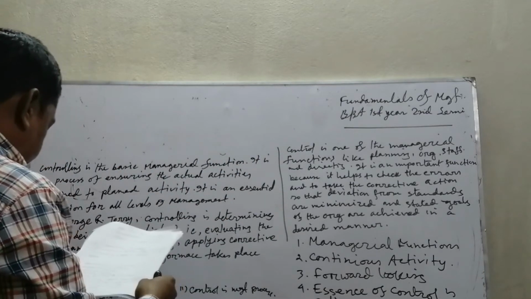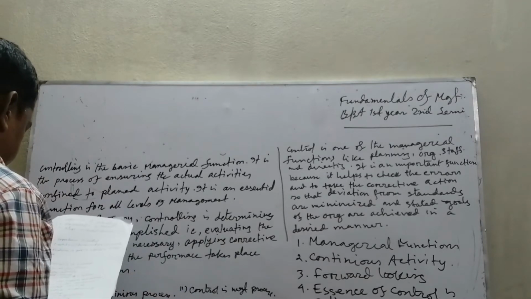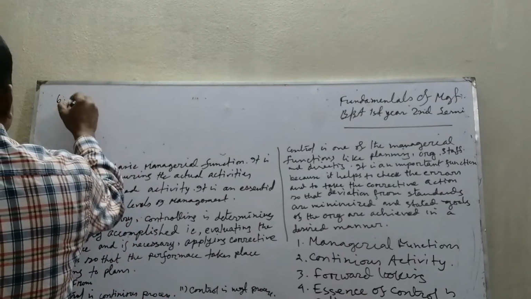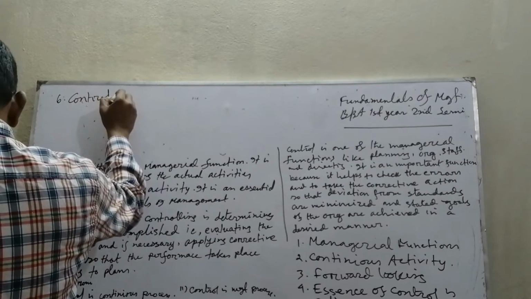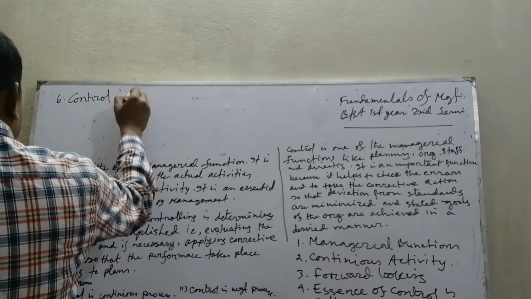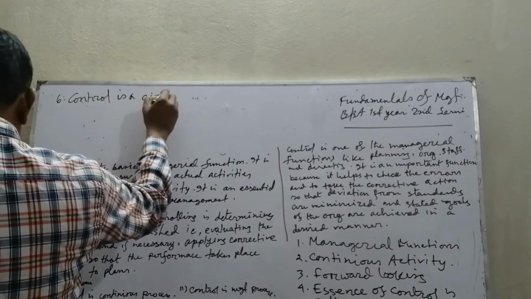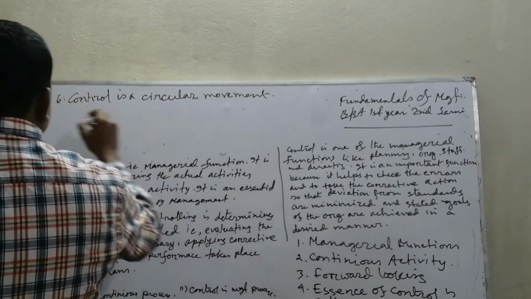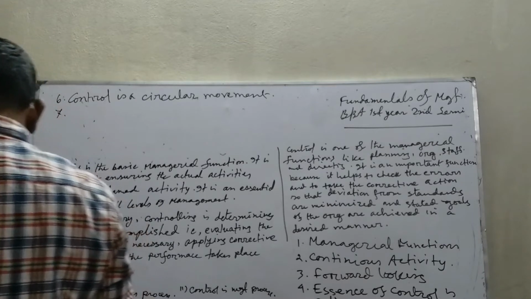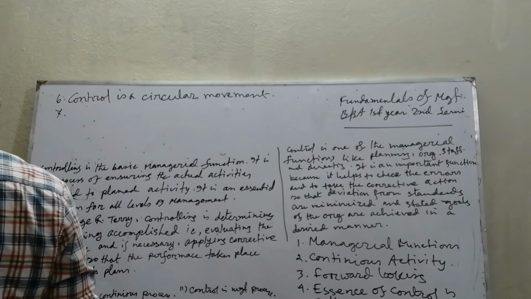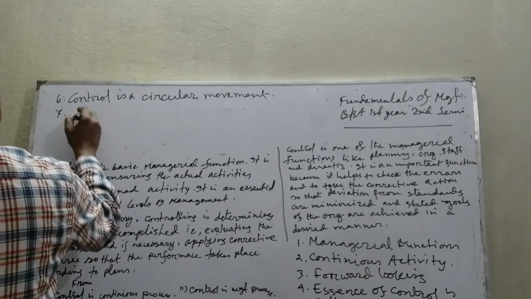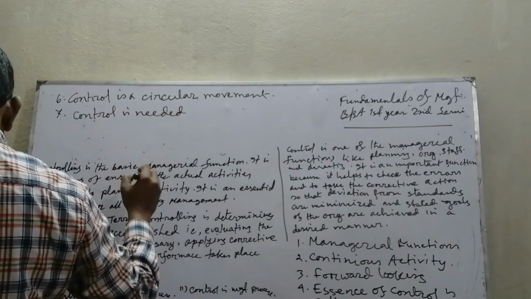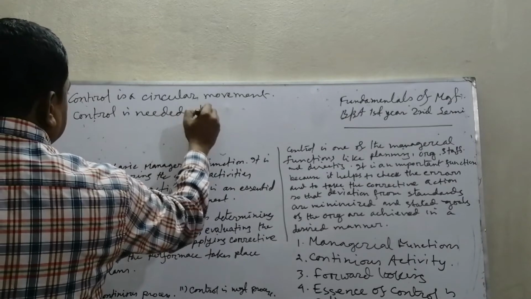And the sixth characteristic, control is a circular movement. And the seventh characteristic, control is needed at all levels.